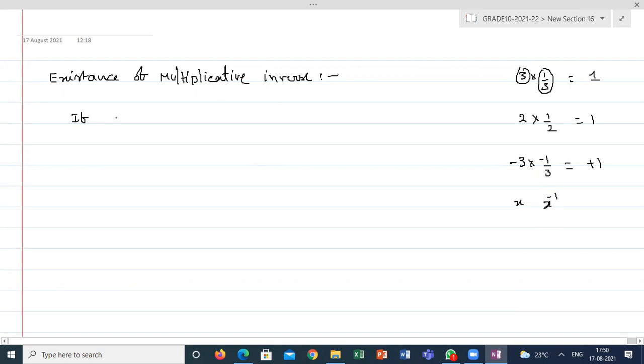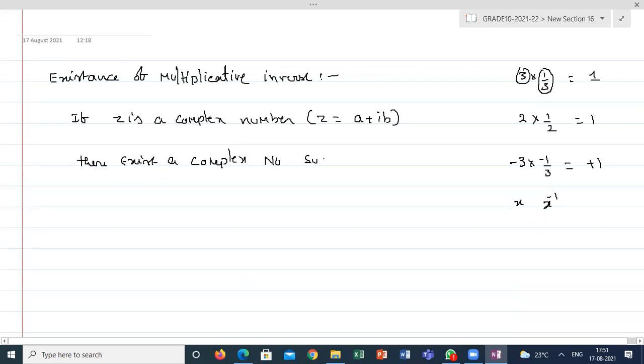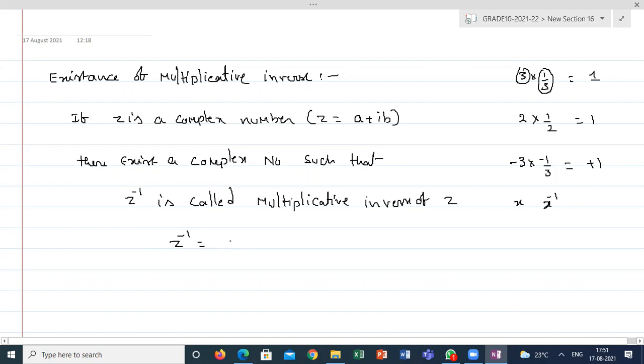Same as if z is a complex number, where z is equal to a plus ib, there exists a complex number z power minus 1, called the multiplicative inverse of z. z inverse is equal to 1 by z, or 1 by a plus ib.